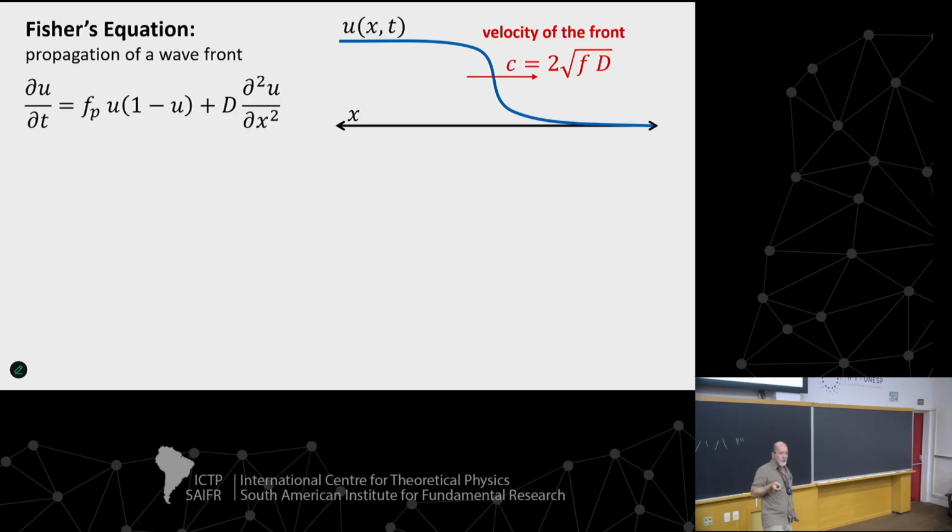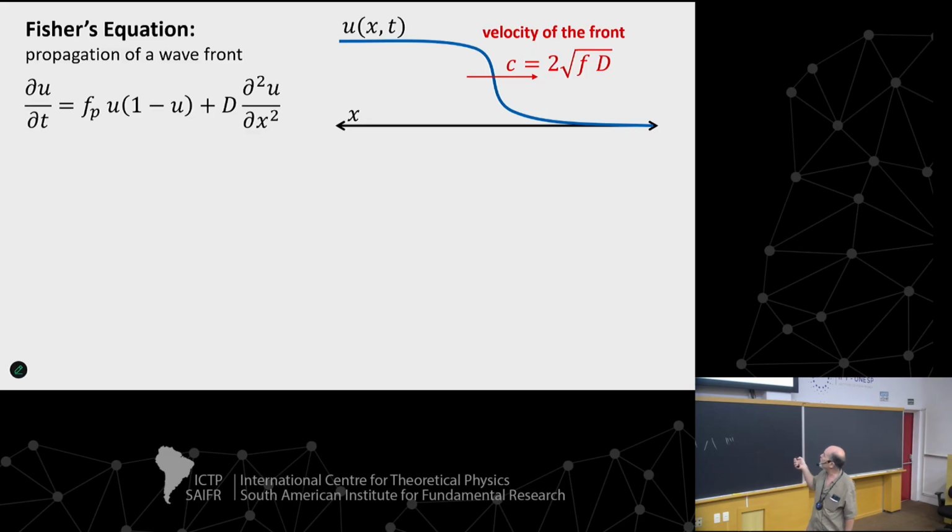This is a parabolic equation, not a wave equation, but because of a mathematical miracle that many of you may know, it has solutions in the form of traveling waves. They are front waves, like the one I plotted here, that move at a constant speed without changing shape.